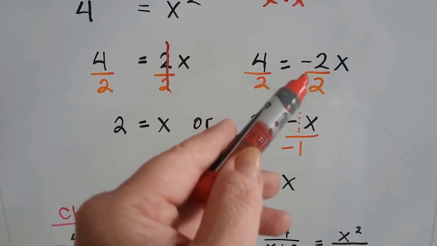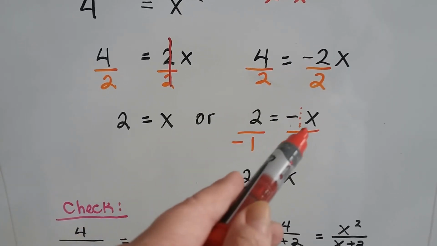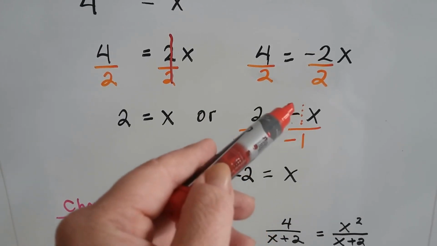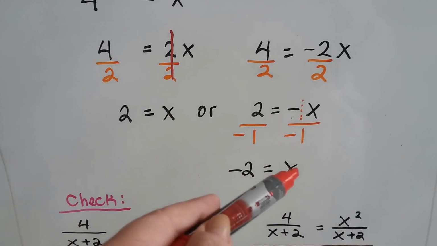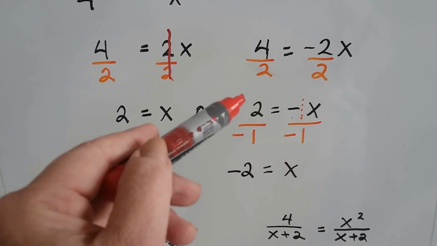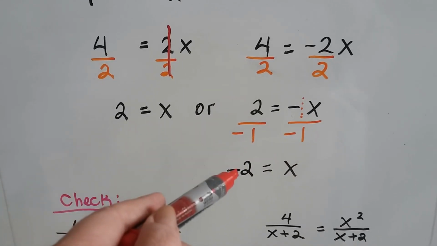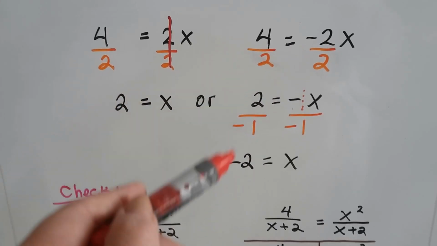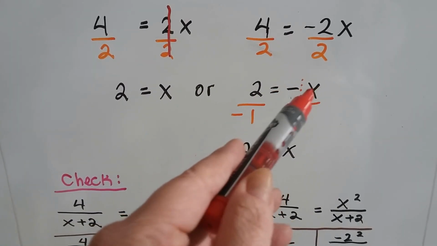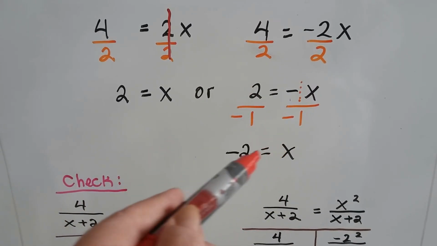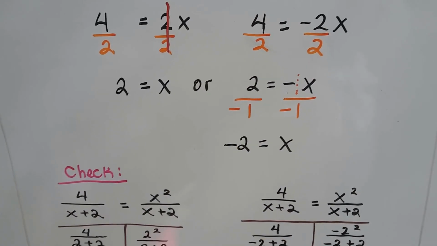Once this becomes a negative x, we can divide both sides by a negative 1. Negative 1 divided by negative 1 is a positive 1, so now we have a positive x. But because we divided this side by the negative 1, we have a negative 2, so that way we moved that negative to the other side. You can also just do it in your head if you want to. If it says negative x equals 2, you can just say x equals negative 2. You can just flip it over, okay?